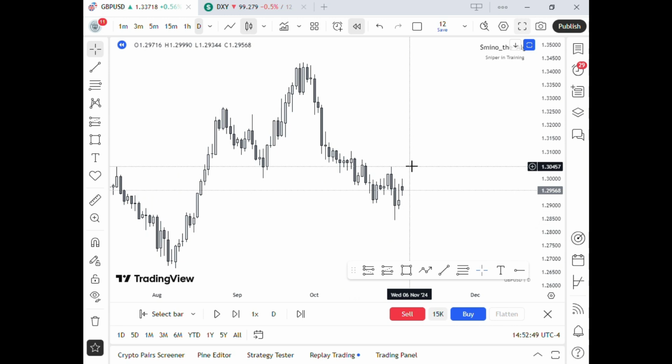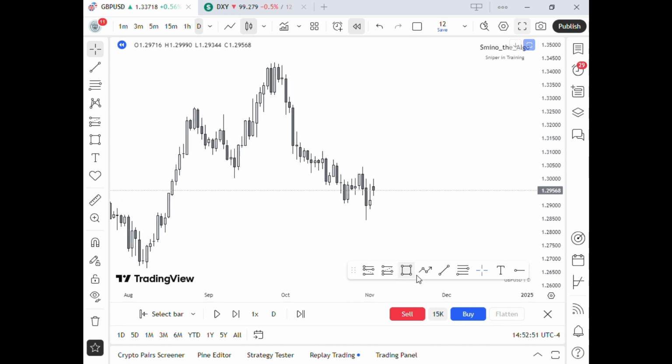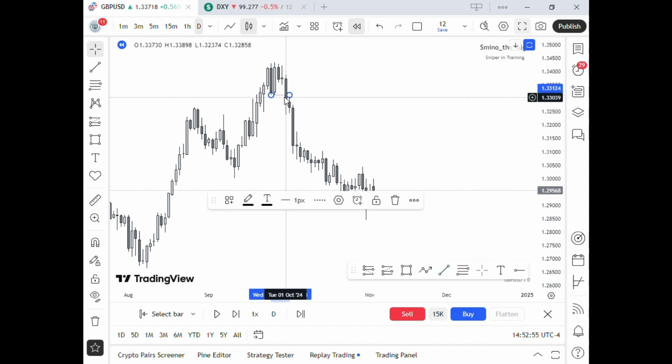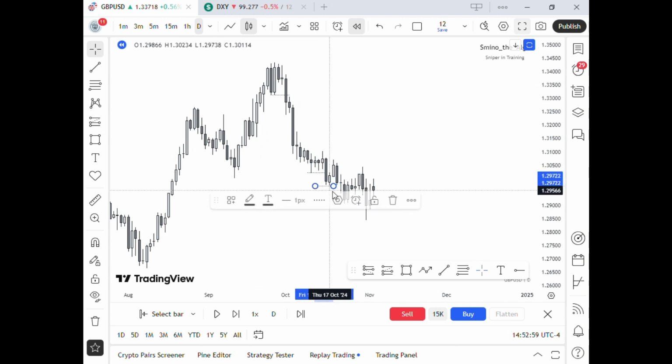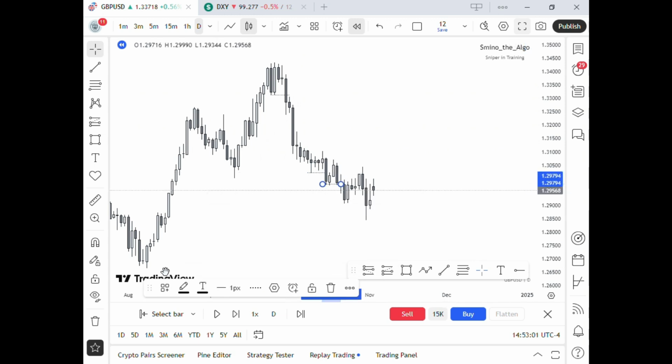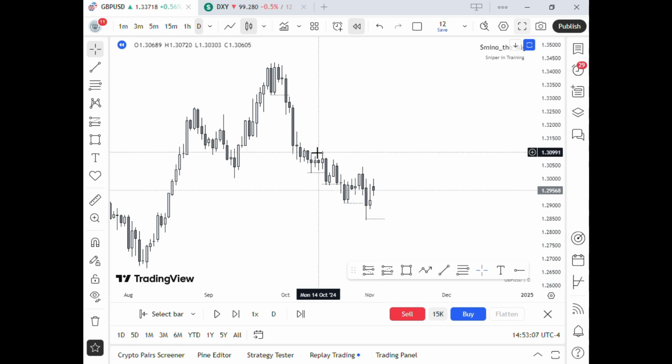But from here we know that we are bearish because we have been taking out lows, targeting lows, and here, targeting this low. So now we might say we are targeting this low, and the highs are protected.